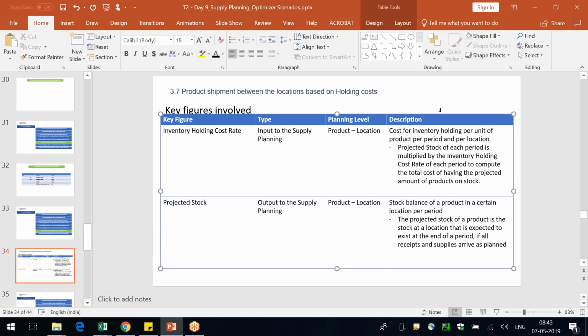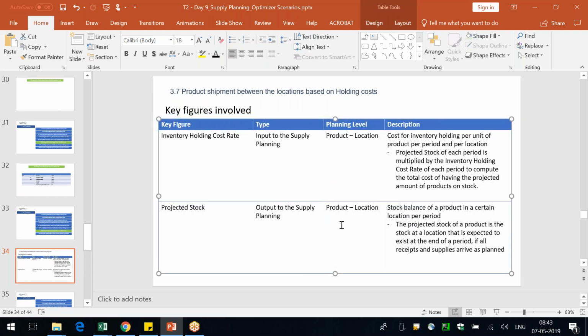That means the system would project the stock at the cheap location where the inventory holding cost rates are low. If inventory holding rates are high, the system would not project any stock there. So this is an input to the supply plan: inventory holding cost per unit of product, per period and per location.